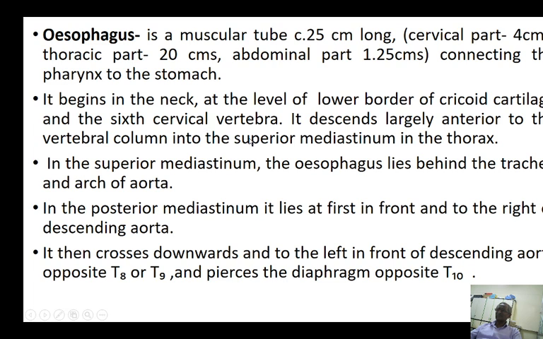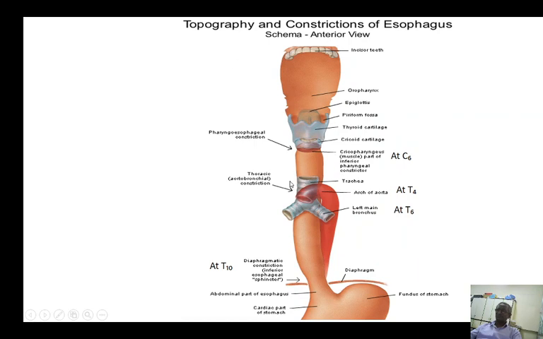So the esophagus is a muscular tube, 25 centimeters long: 4 centimeters in the neck and 20 centimeters in the thorax. The main thing here is this figure. We have 4 constrictions in the esophagus: one at the beginning, by the cricopharyngeus muscle; then at the place where it is crossed by the arch of the aorta, at the fourth thoracic vertebra; then where it is crossed by the left bronchus, at the level of the sixth thoracic vertebra; and where it enters through the diaphragm, at the level of the 10th thoracic vertebra.